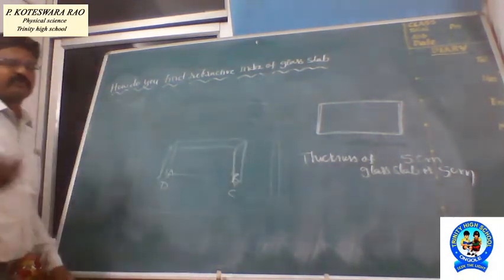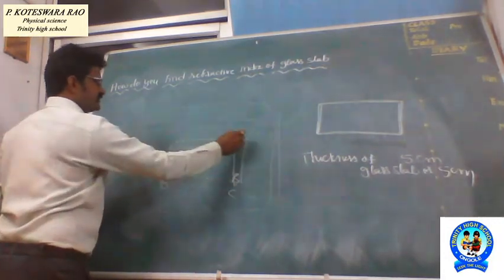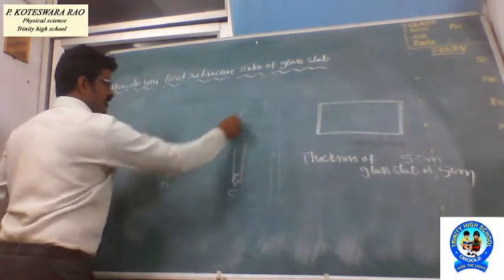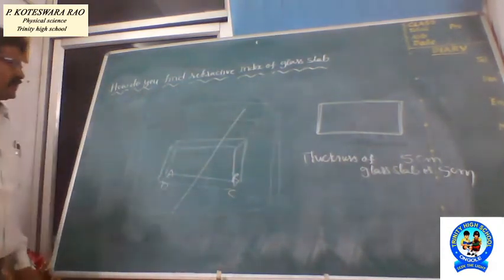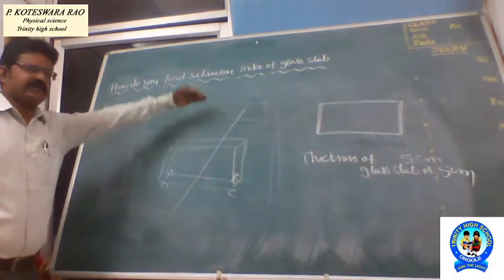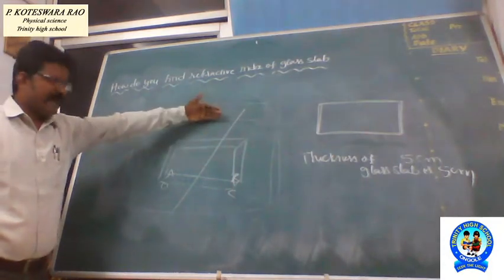How is it possible to find the vertical shift? We find the vertical shift the same way we already discussed. First of all, we draw one normal line to that AB or CD and take 15 centimeter apart.